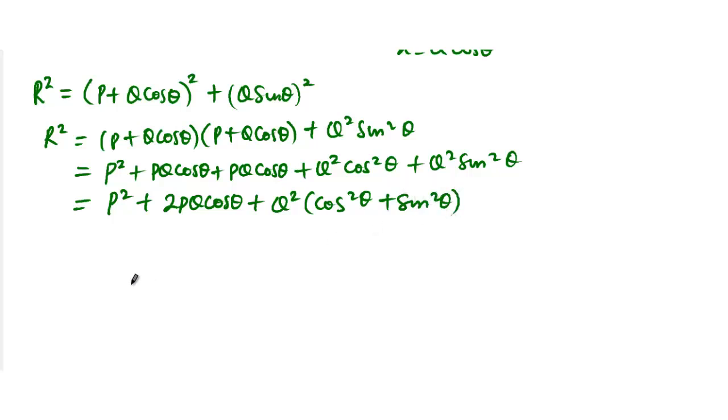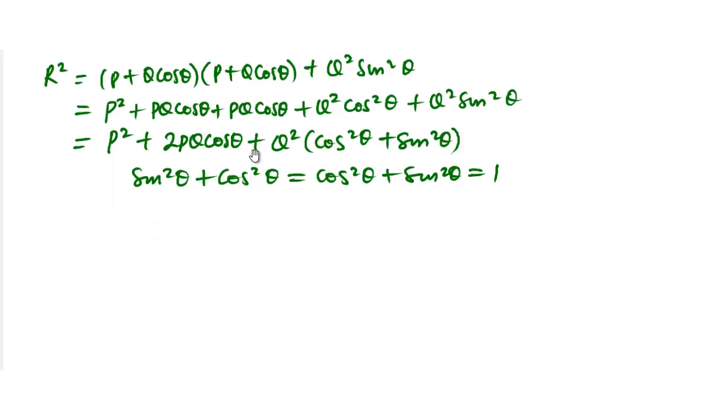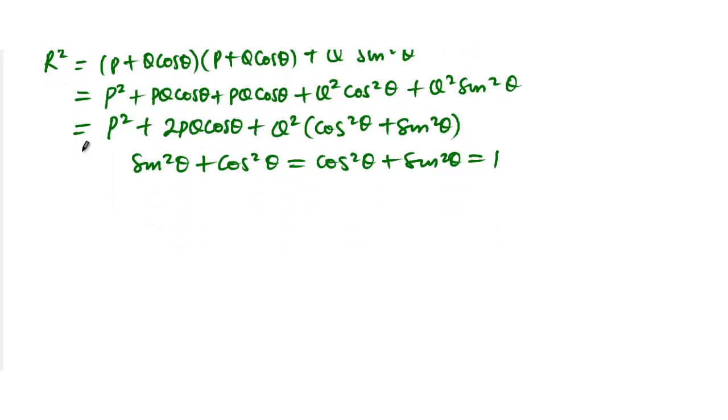Okay, so having done this, from trigonometric identities, we know that sine square theta plus cos square theta, or cos square theta plus sine square theta, is equal to 1. So that implies that whenever we see sine square theta plus cos square theta, we can replace it with 1.